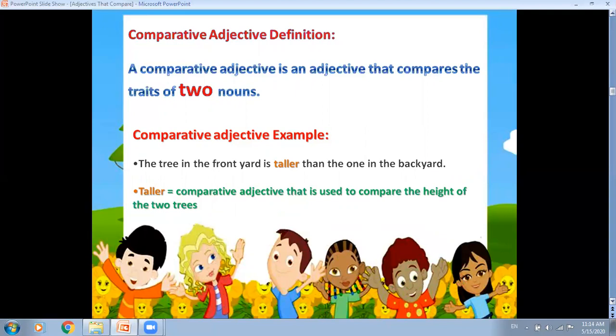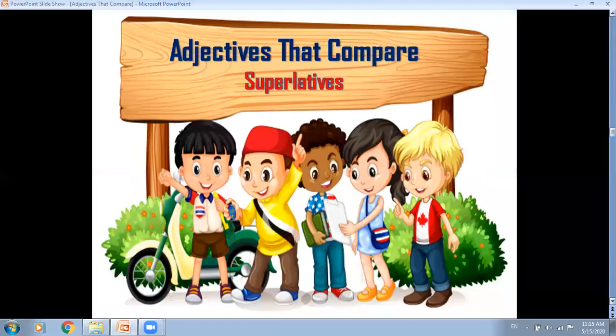Taller is a comparative adjective, right? And it is used to compare the height of the two trees, the one in the front yard and the one in the backyard. What did I add to the adjective? ER and than, okay? Now, let's move to superlatives to see the difference between comparatives and superlatives.